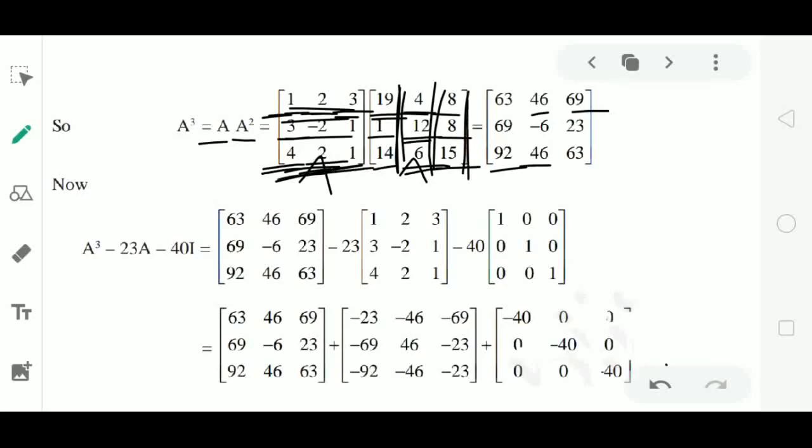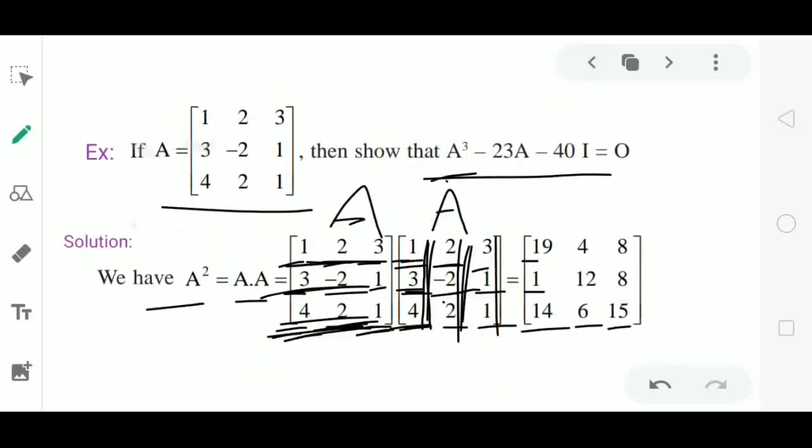Third row, third column, 4 into 8 plus 2 into 8 plus 1 into 15 is 63. This is A cube. Now we have to show that A cube minus 23A minus 40I is equal to 0.